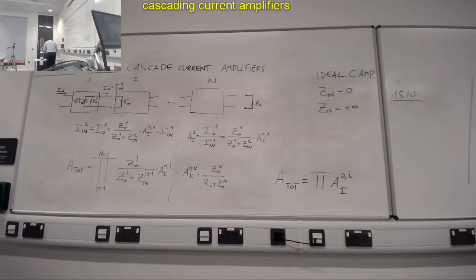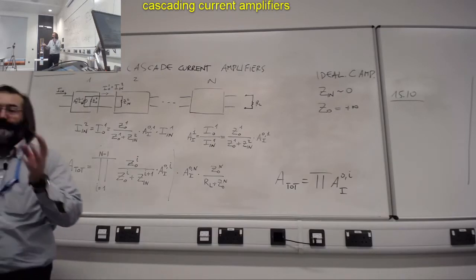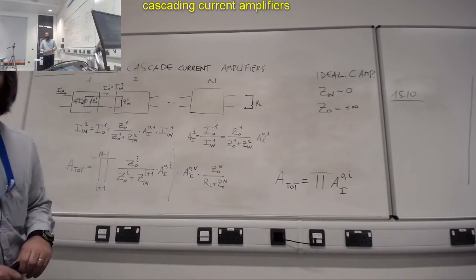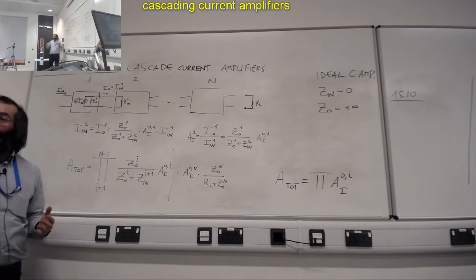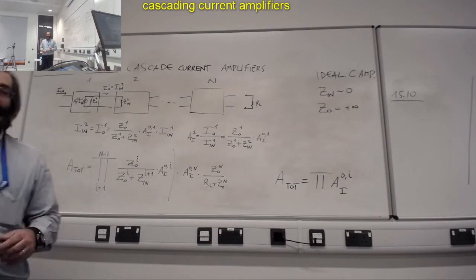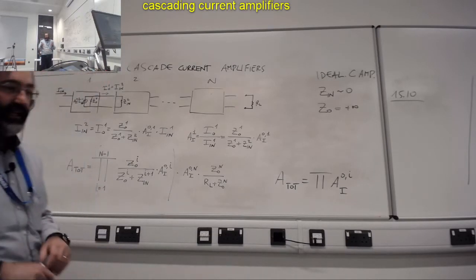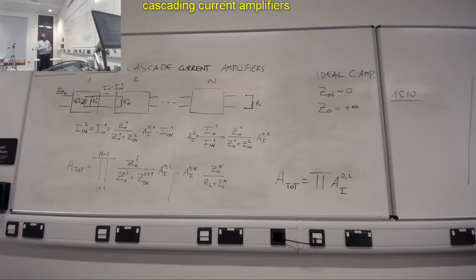So I hope that I've made you realize the power of this, and also the power of what we've just done last week with learning about creating these relatively simple amplifiers.